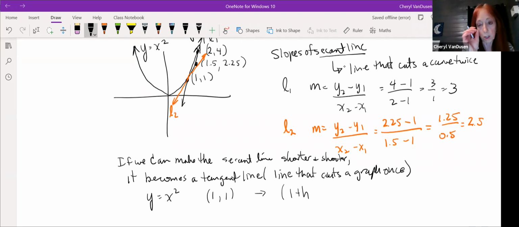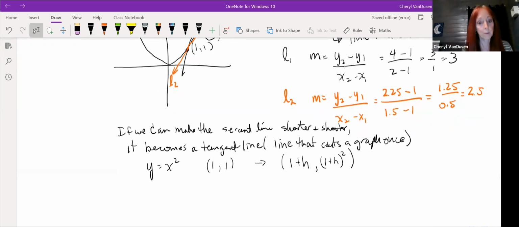And what that means is just a little further along than that. And then the y coordinate of that would be 1 plus h all squared. That would be a second point. Again, the h value up here in this one would be 1, because we went from 1 to 2. The h value here would be 0.5. We went from 1 to 1.5. It's getting smaller and smaller.